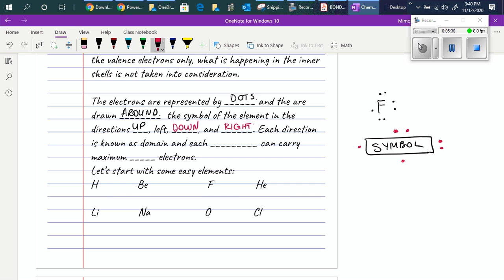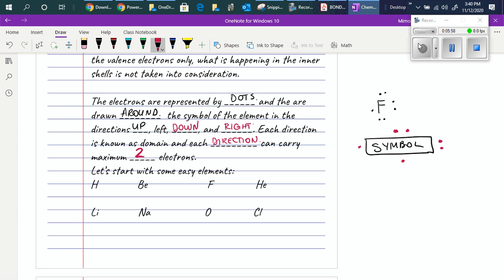So if there are 6, then we'll draw 6. If there are 7, then we'll draw 7 dots. Each direction is known as a domain, and each direction can carry a maximum of 2 electrons. So you cannot draw more than 2 electrons on a Lewis dot diagram.